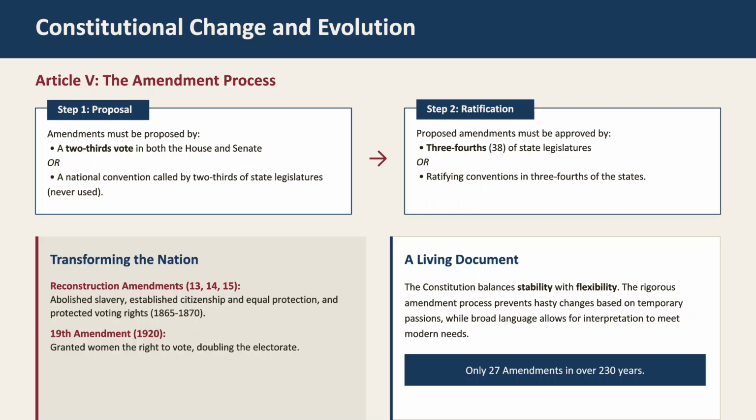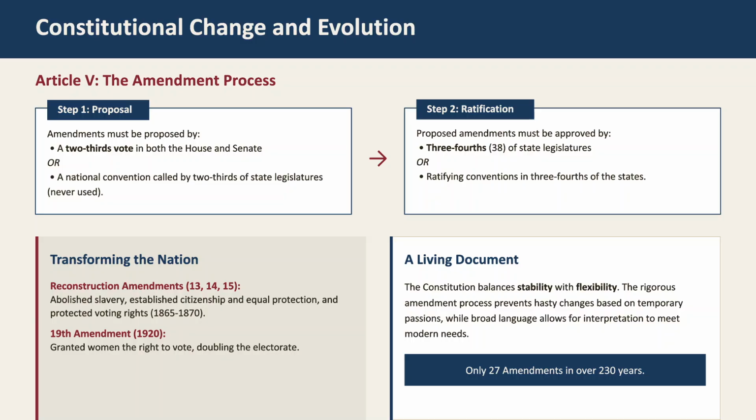And over time, this process produced some critical changes, such as the Reconstruction Amendments after the Civil War. It abolished slavery and established equal protection under the law. The 19th Amendment granted women the right to vote. And the fact there's only been 27 amendments in over 230 years speaks to the document's balance of stability and flexibility.